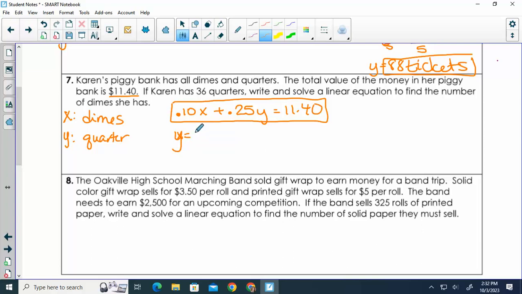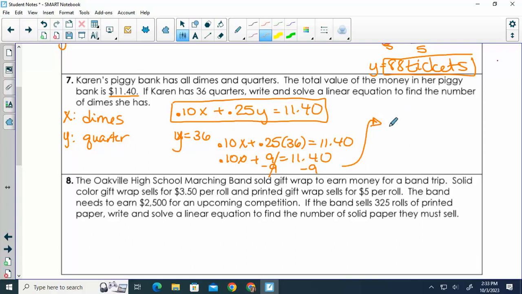My quarters were my y, so I'm going to plug in a 36 for my y. X turns out to be 24 what? Dimes.